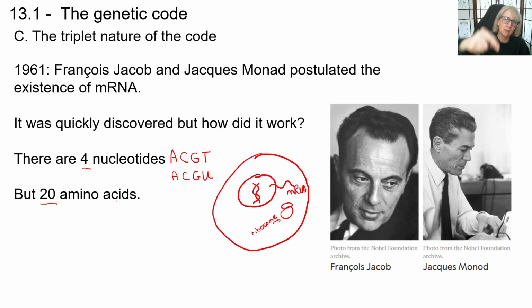Now, way back with Hershey and Chase and everyone earlier, the discussion had been, how could this possibly be an information molecule if it only had 4 nucleotides? Now the conversation was, how does this translate into something more complicated?